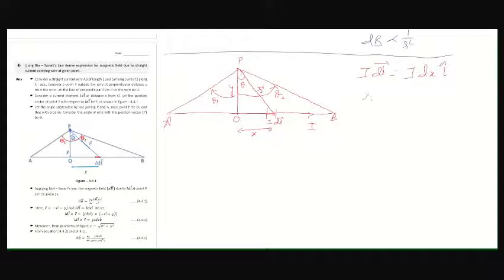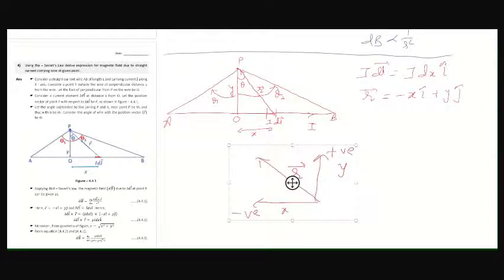And what is the position vector r? I would say it is minus x i cap plus y j cap. Why minus x i cap? Now look at the r vector. The r vector is going like this, isn't it? If you look at the x component and y component, y is going in positive y direction, but x is going in negative x direction. So when you write the components of r, it should be minus x i cap plus y j cap.